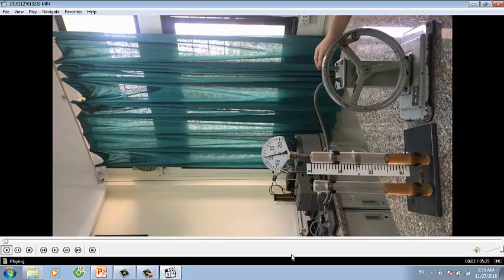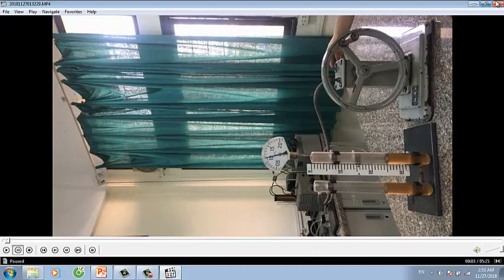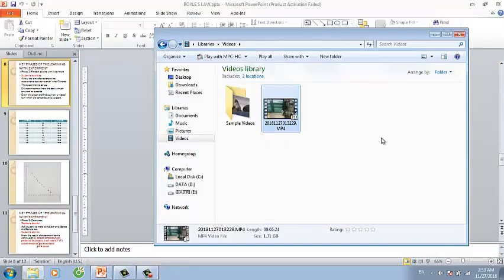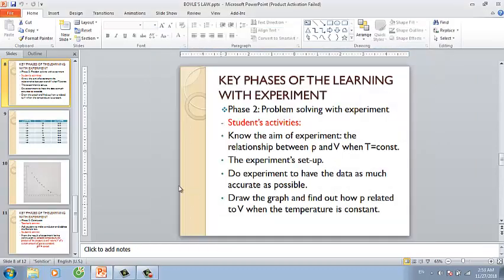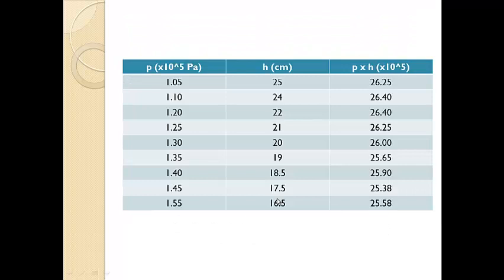Now we do the experiment. And after doing the experiment, I have my data table: P, H, and the product P multiplied by H. Why do I measure H?